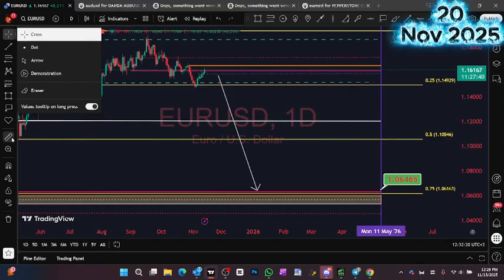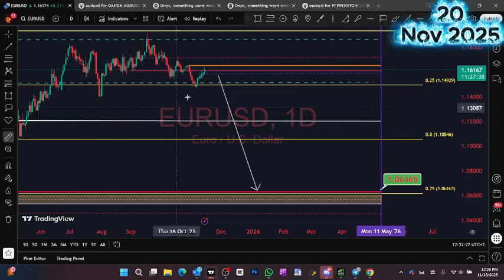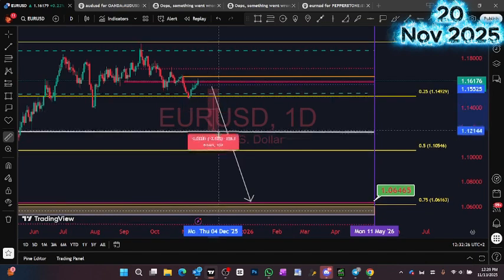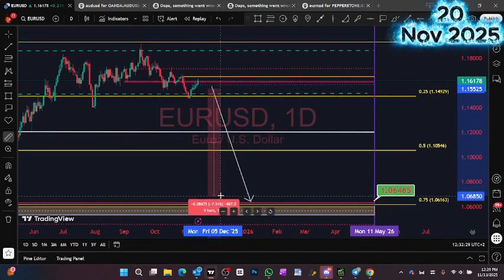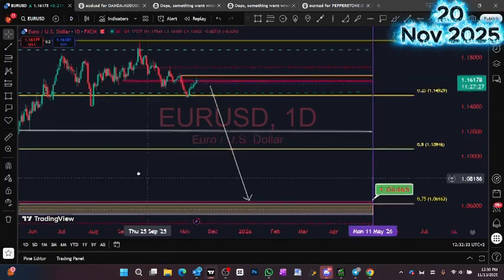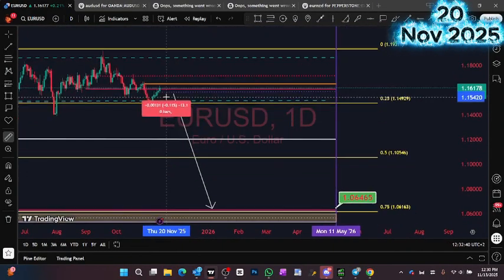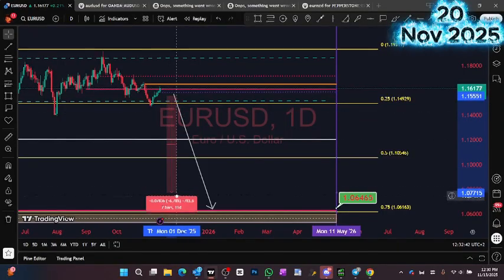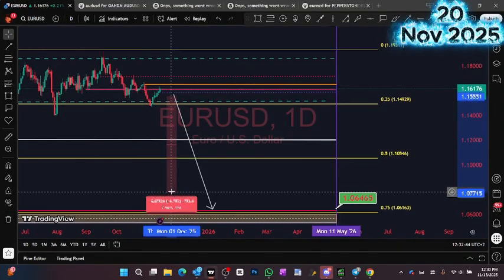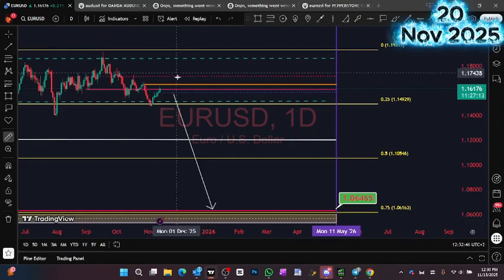So yeah, let's see if I can still measure. Let's say it comes from here till here. Don't catch it unless you go down with your time frames.